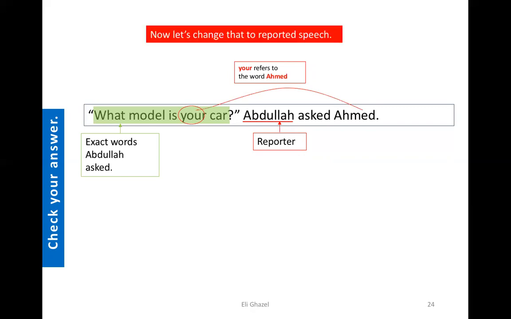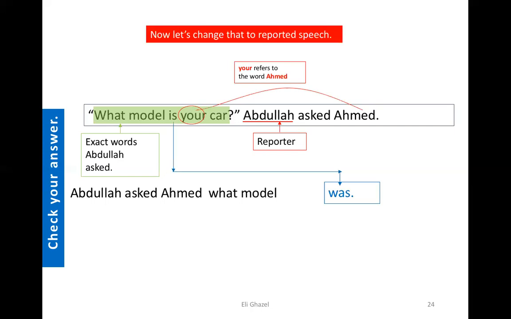And now let's change that to reported speech. Abdullah asked Ahmed. Now what's the next word? It's the question word. What model? Now, notice we've got "is your car". That's a question format. But in a statement format, we cannot say "is your car". We need to put "your car" before the "is".